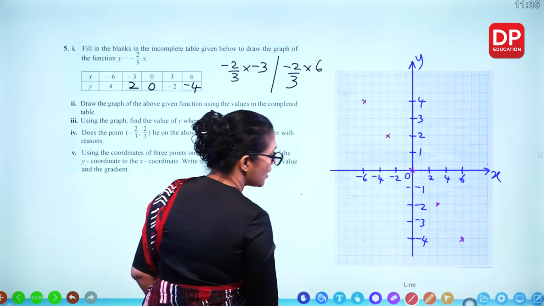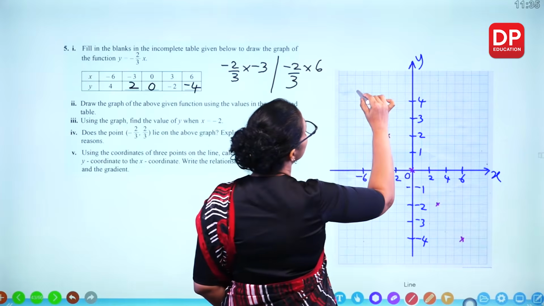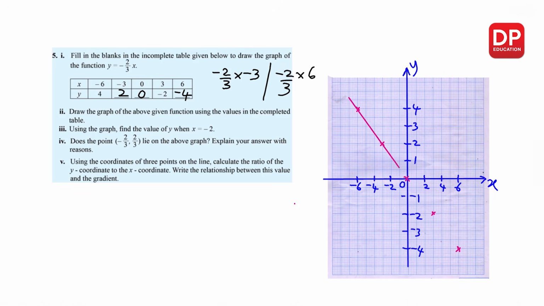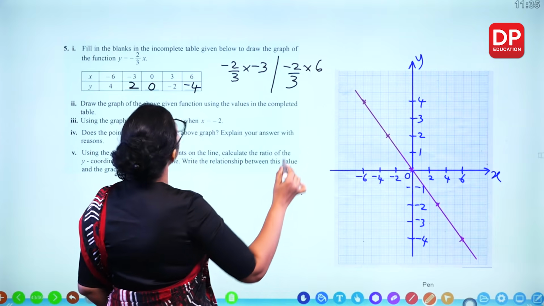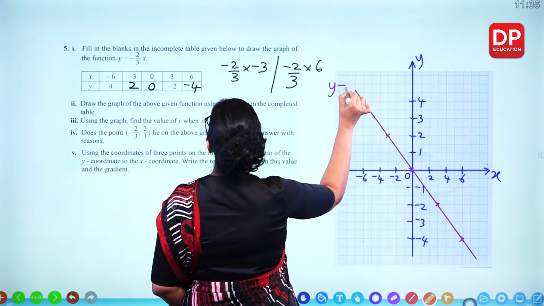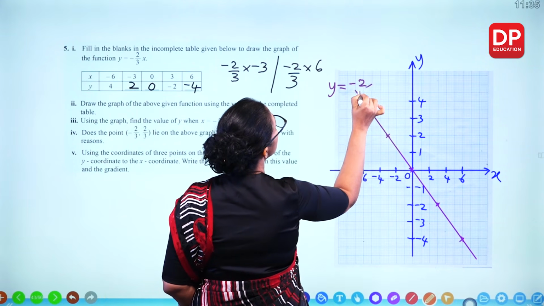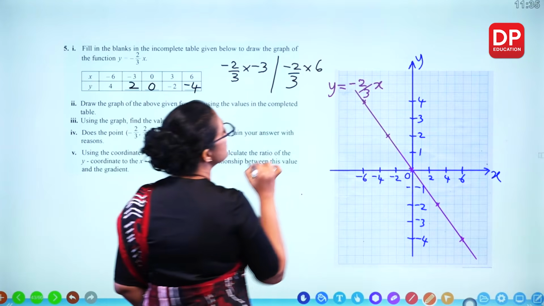Now connect here to here. Y equals minus 2/3 x.